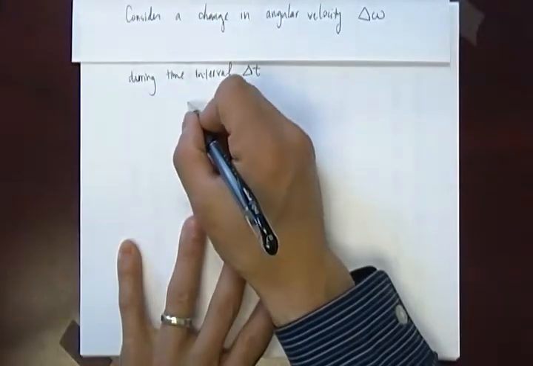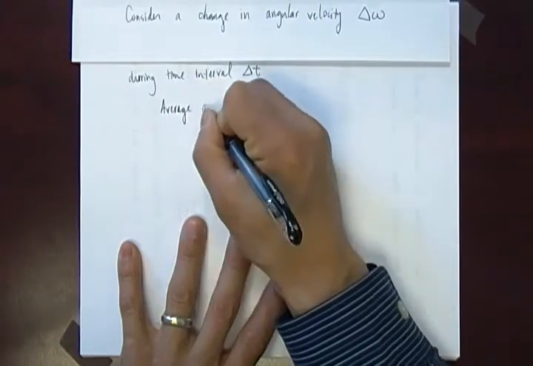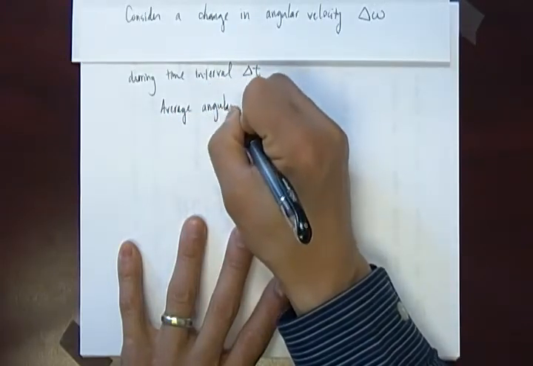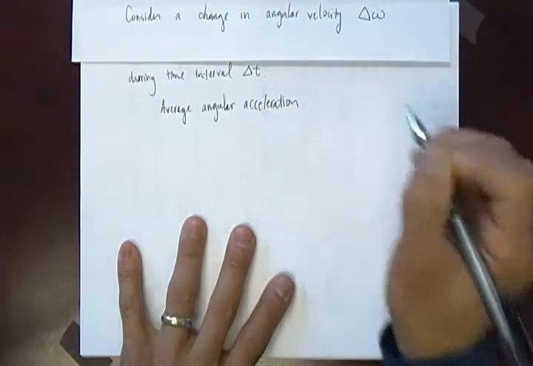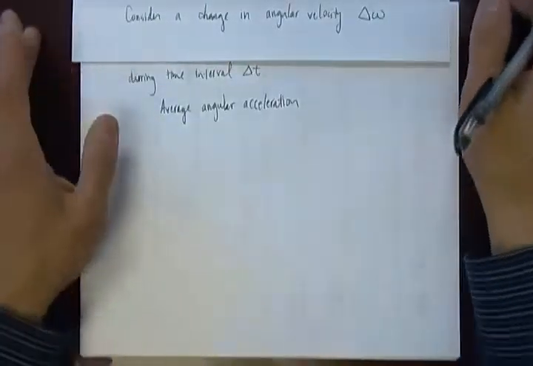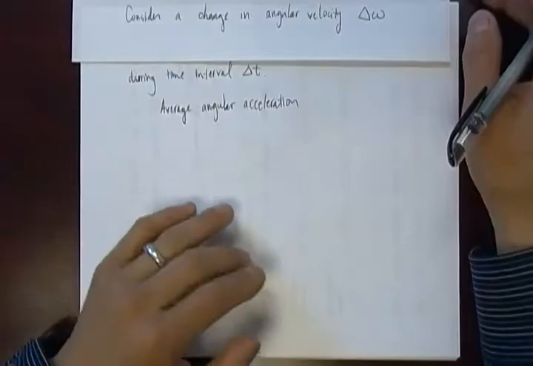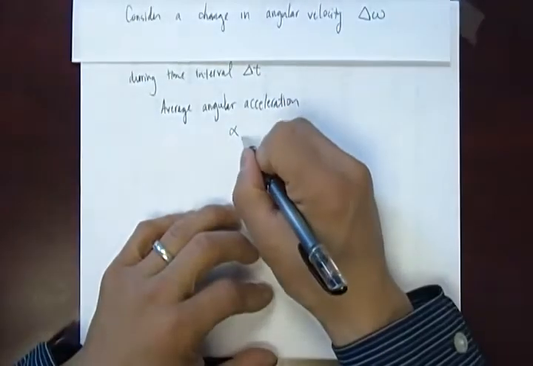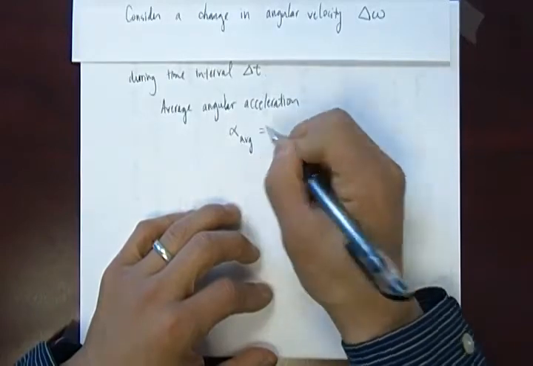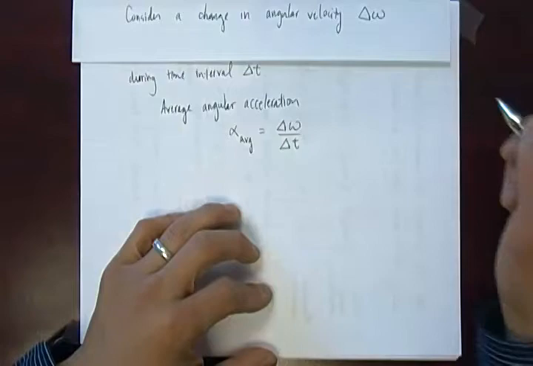So we can then define the average angular acceleration. This notation is once again going to be a Greek letter, and we're going to take the closest thing to the letter A, which we've used for acceleration. So this notation is kind of transparent. We write alpha average, and that will be delta omega divided by delta t.